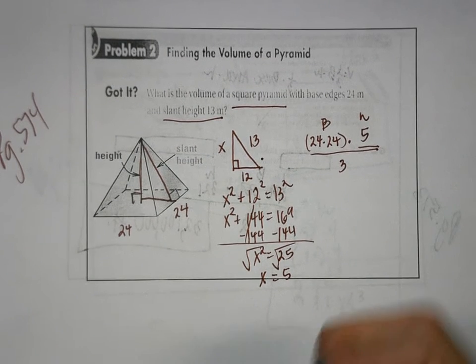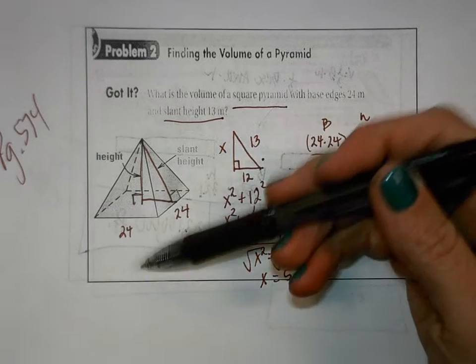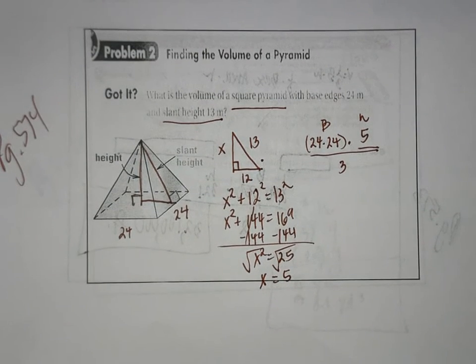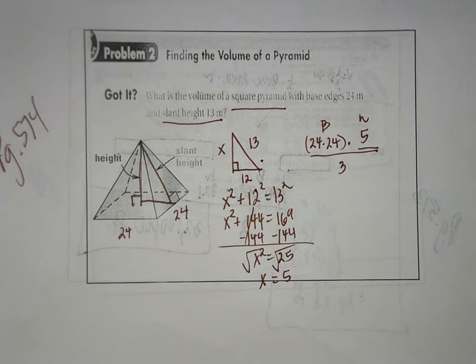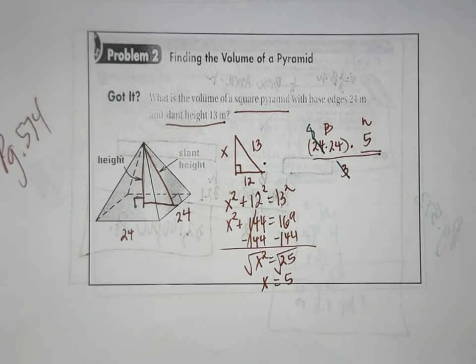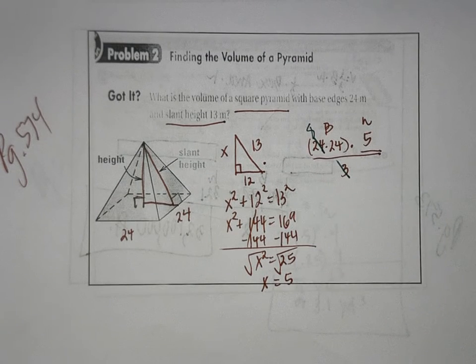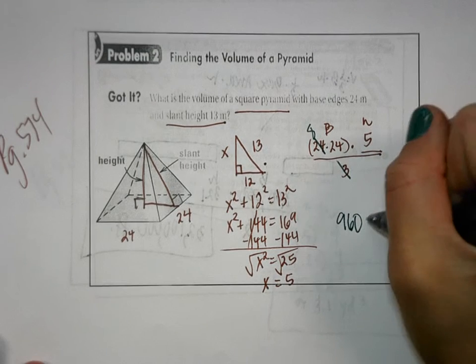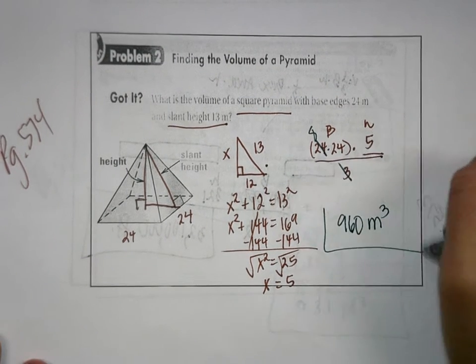So we don't care about the slant height, we just care about the height. But we had to use the slant height in order to find the height, because that represented our hypotenuse. Three can go into 24 eight times, and then we multiply 8 times 24 times 5. 960 what? Meters cubed is correct.